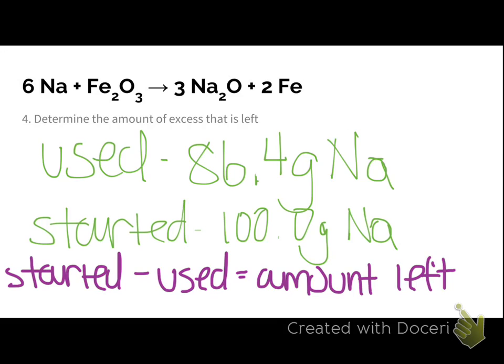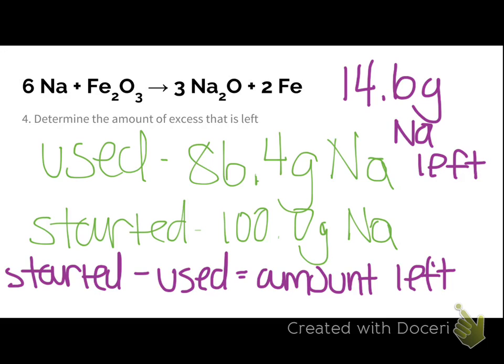So 100 minus 86.4 is 14.6. So even after all 100 grams of my iron 3 oxide gets used, I'm still going to have some of that sodium left because it is in excess.